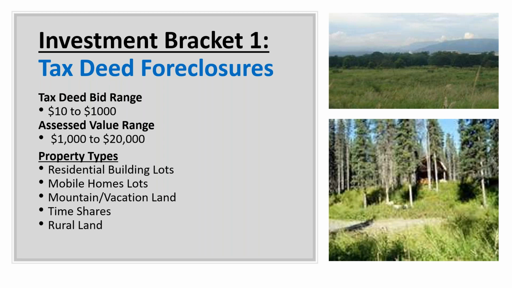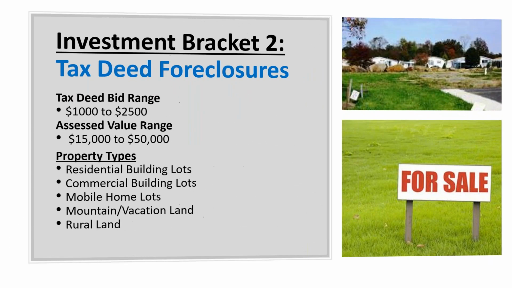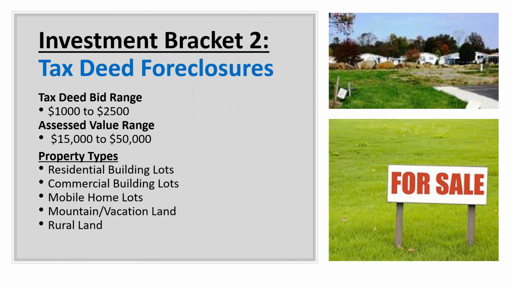Like we've purchased $500 building lots that are valued at around 10 grand. We purchased for around 5 cents on the dollar, that would fit within this first bracket. Now, the next bracket up are the properties that would open up between $1,000 to about $2,500, and they're valued $15,000 to $50,000.